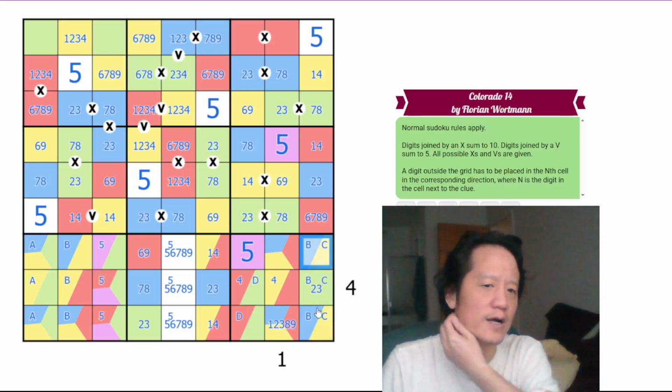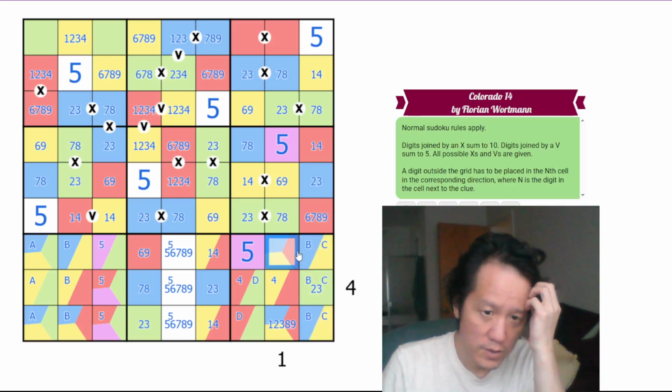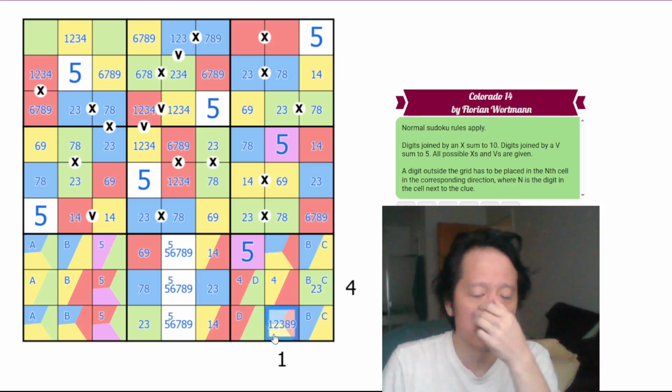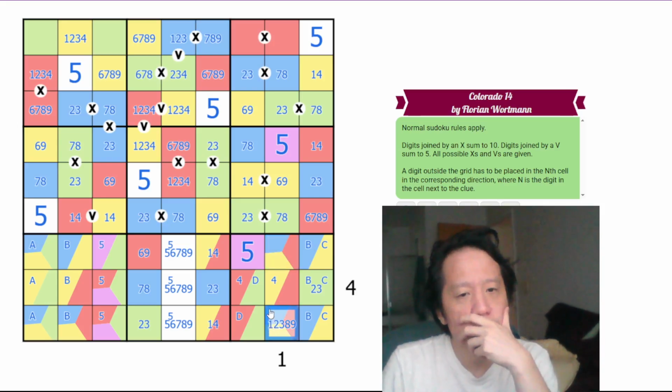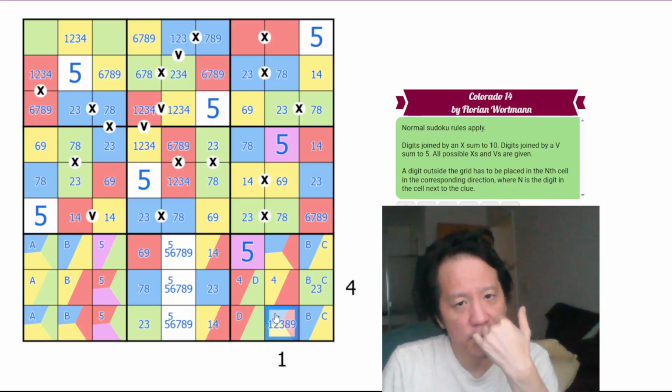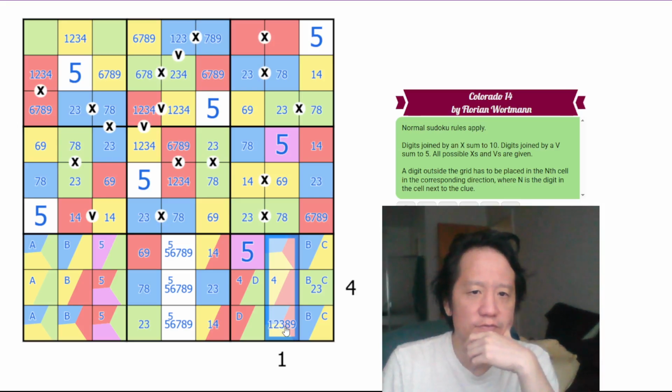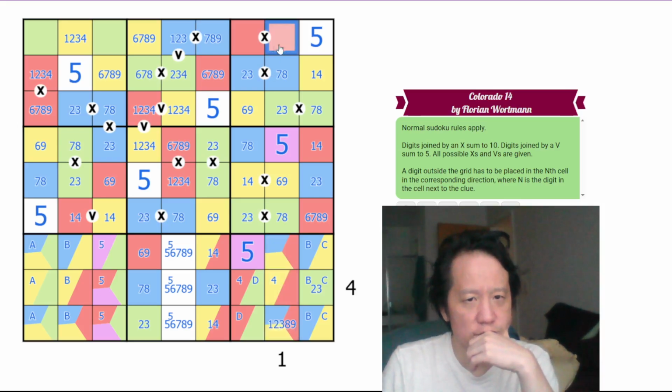So this would be the high blue. The low blue would be one of these. So one of these would have to be, we're not sure.